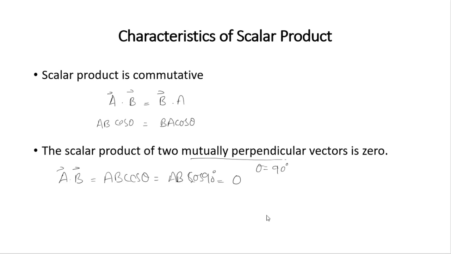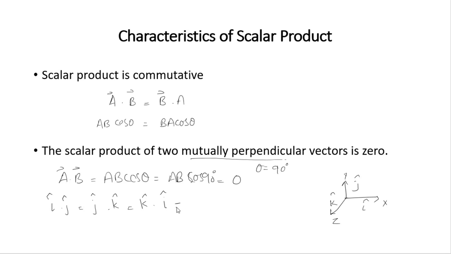Similarly, when we talk about the unit vectors along different axes like i, j, and k, where i is along the x-axis, j is along the y-axis, and k is along the z-axis, which is the normal interpretation we use, we can say that i dot j, j dot k, or k dot i, you can write them in either way because it's commutative.